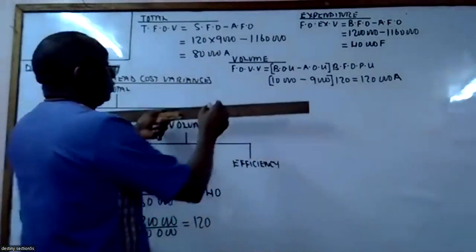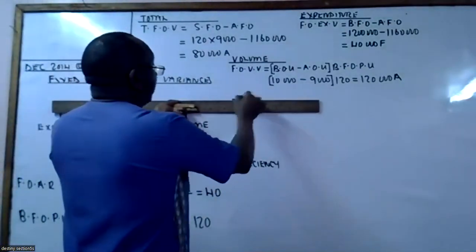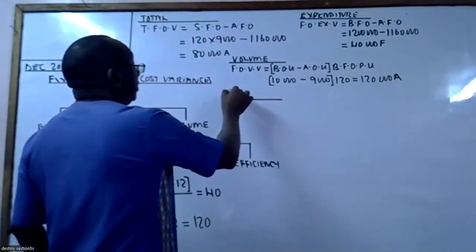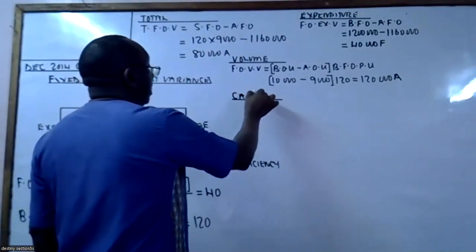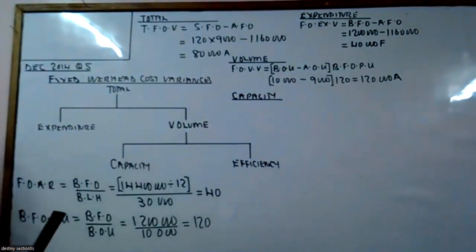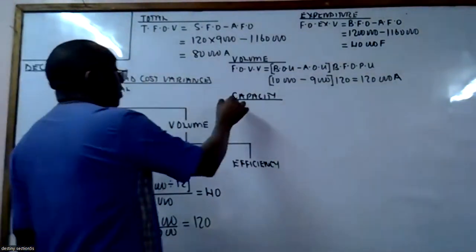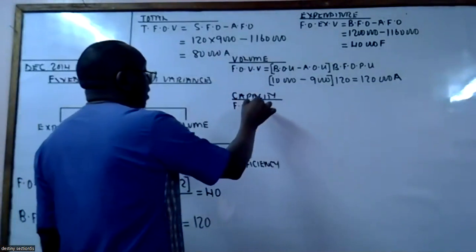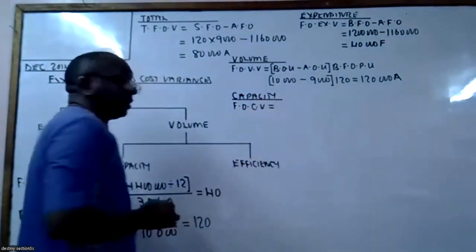The next one is called capacity. Capacity variance.